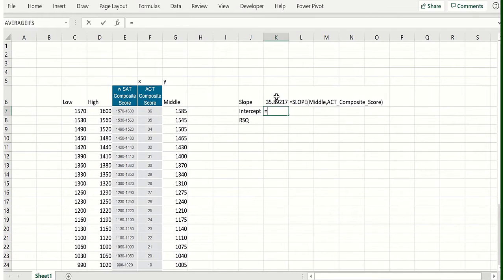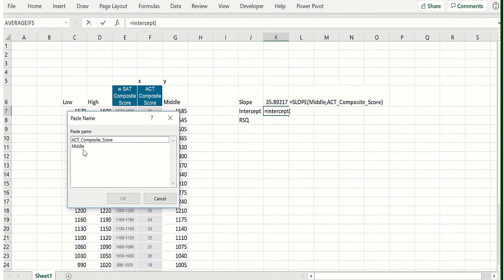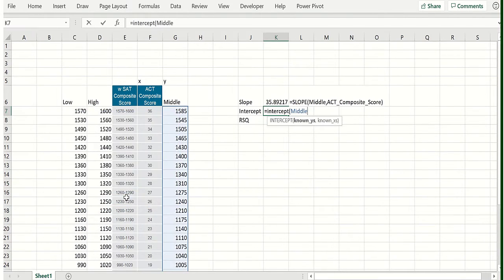Okay, now the intercept. Now the known y's, I could use the F3 trick, I guess. We want to predict the middle, the SAT that corresponds to an ACT.